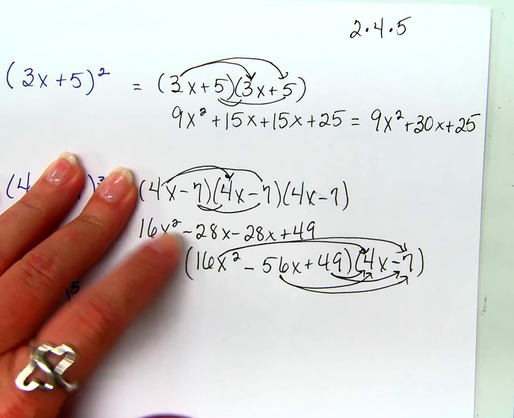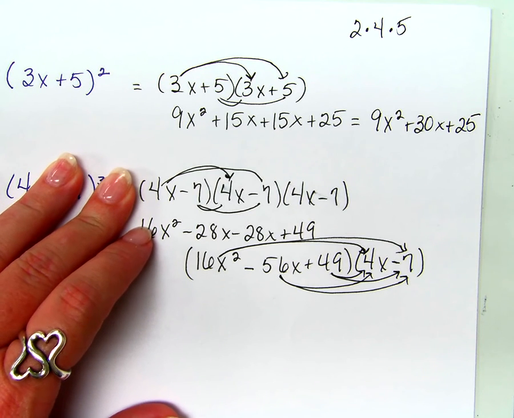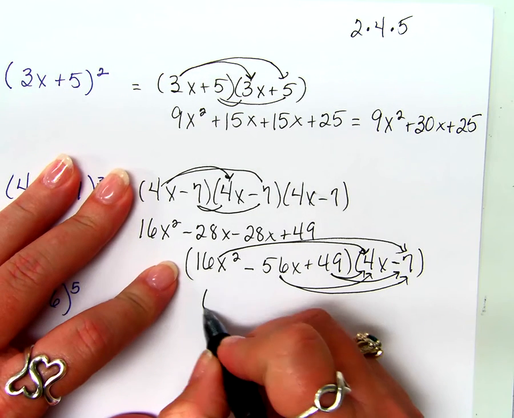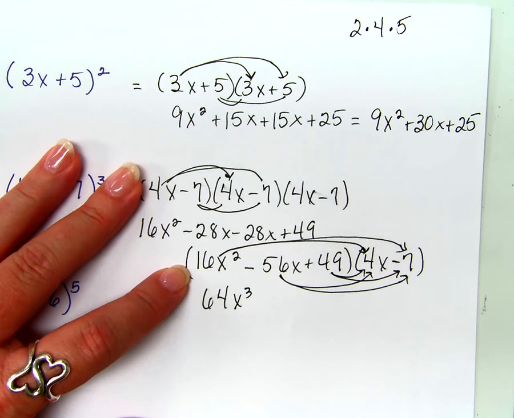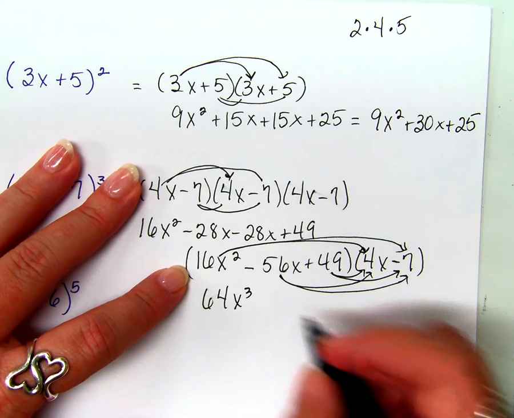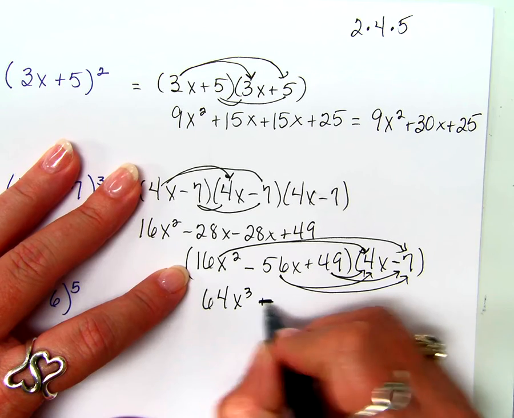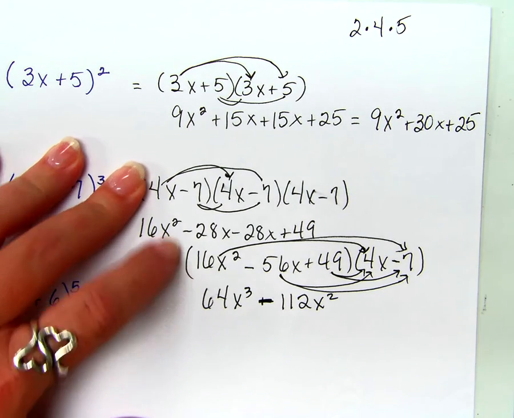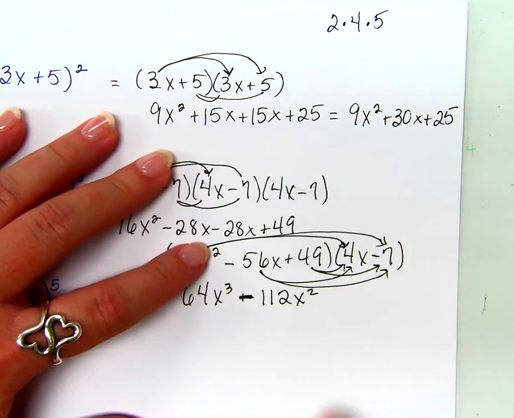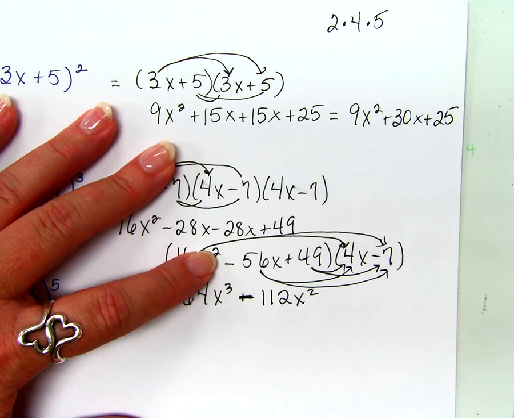So 16 times 4 first. Okay, that's 64. So 64x to the third. And then I have 16 times 7. And that gives me minus 112x squared. I'm going to go and line mine up vertically just because for me it's easier to see. Okay? So I have negative 56 times 4.